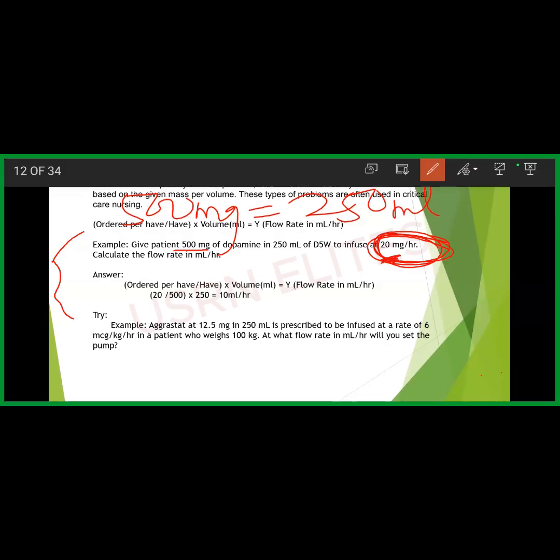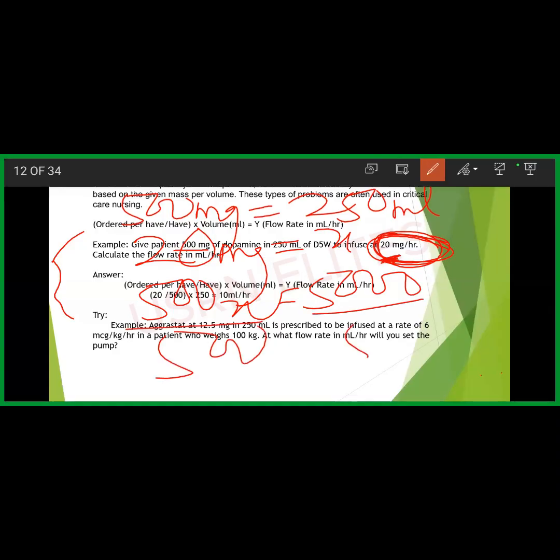So if 500 milligrams is giving us 250 mils, 20 milligrams will give us what? So you get 500x is equal to 250 times 20, that is 5,000, divided by 500. Now what do you get? I think it will be 10.